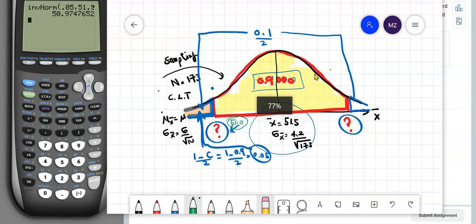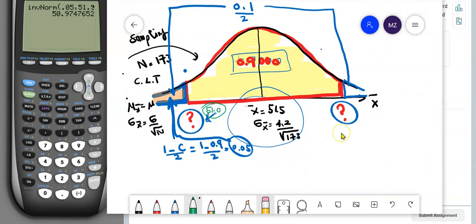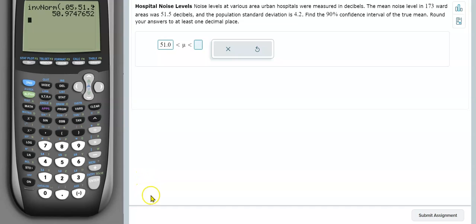Apologize, it's a little messy here, but that's what you're looking for, this value over here. That's 51.0 after rounding. Okay, so that's the lower bound, 51.0. Now I'm going to look for the upper bound. The upper bound is going to be exactly the same thing.